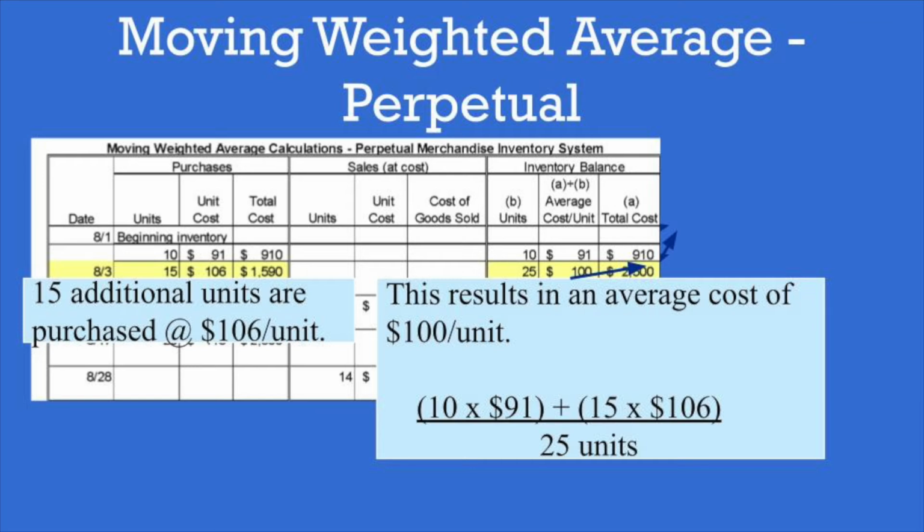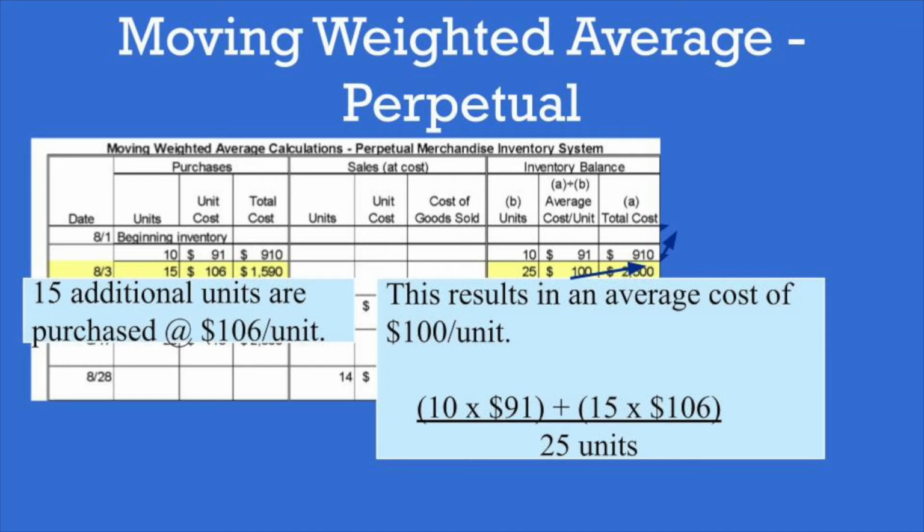In other words, 10 were bought at 91 and 15 were bought at 106. So 10 times 91 is 910 plus the 15 times 106, and that would be 1,590. We add the two together and that comes to $2,500. We have bought 25 units, 25 units, $2,500. That's on average $100 a unit.